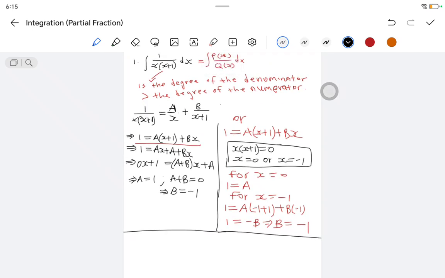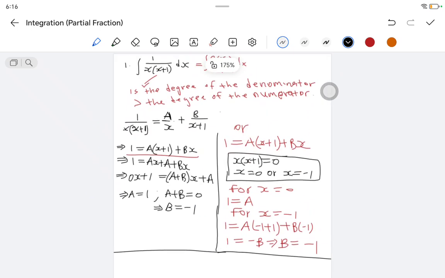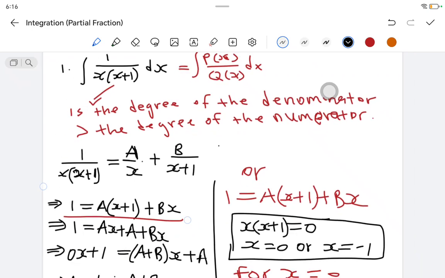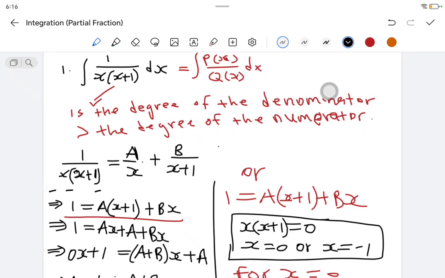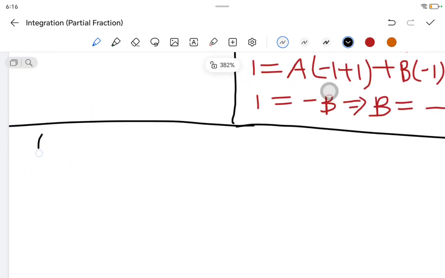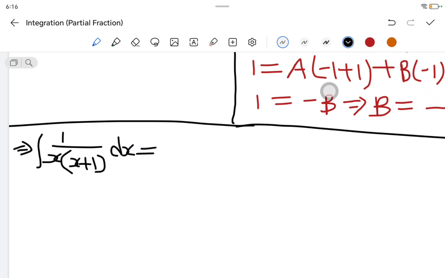So after getting to this point, we're going to go back to our original equation. Our original question, we see that we had the integral of 1 over x(x plus 1) dx. So this will imply that the integral of 1 over x(x plus 1) dx is equal to the integral of, remember this was a over x plus b over x plus 1.